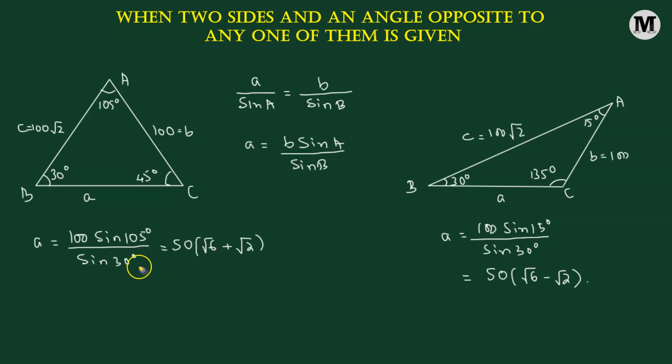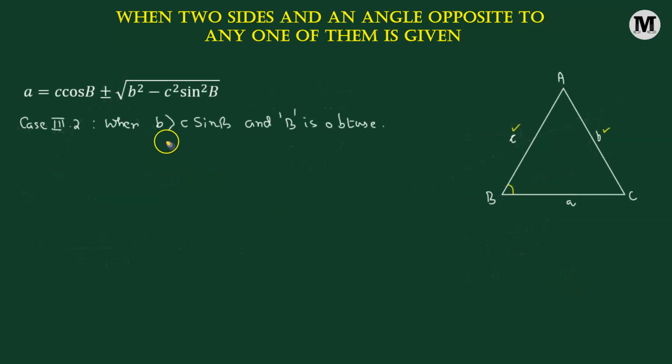Now let's move on to the final case where the angle B measure is an obtuse angle. Let's talk about the case when b is still greater than c times sine of angle B, but we now have angle B as an obtuse angle. If B is obtuse, this must mean that cosine of B is going to be a negative number. Remember we already considered a to have two solutions.